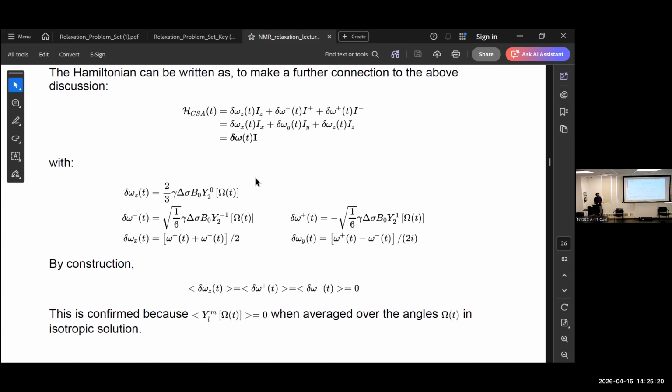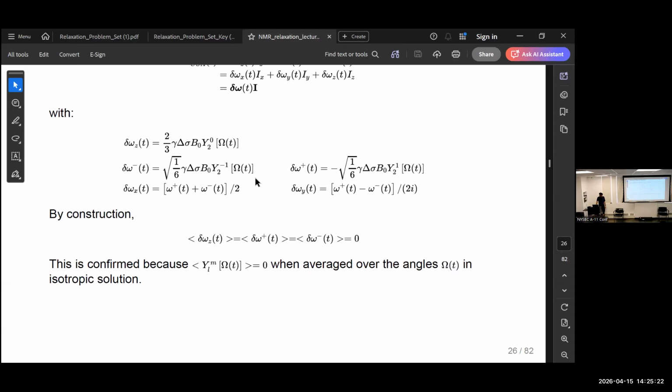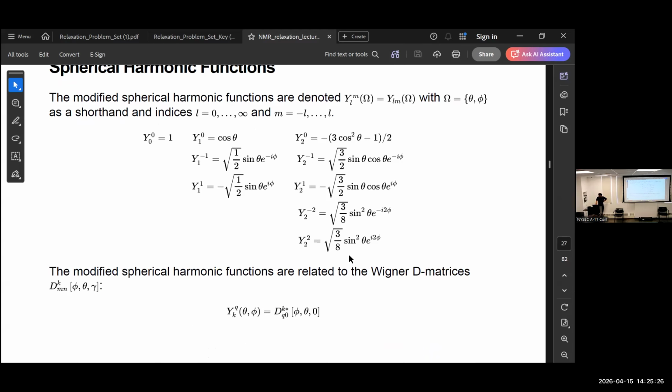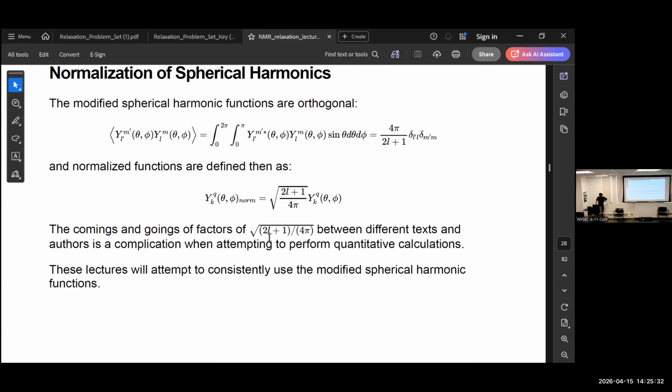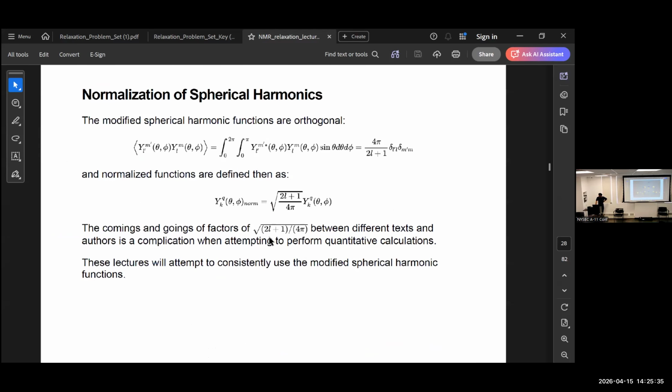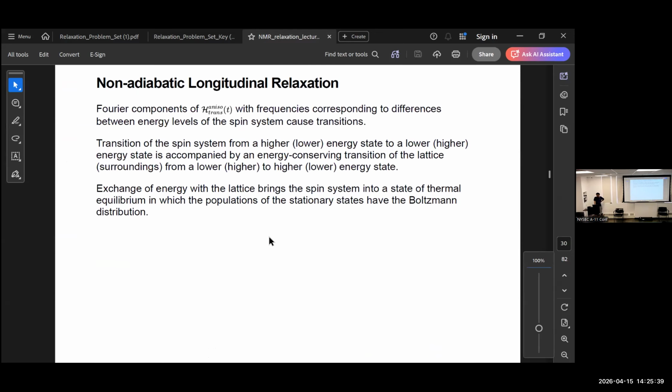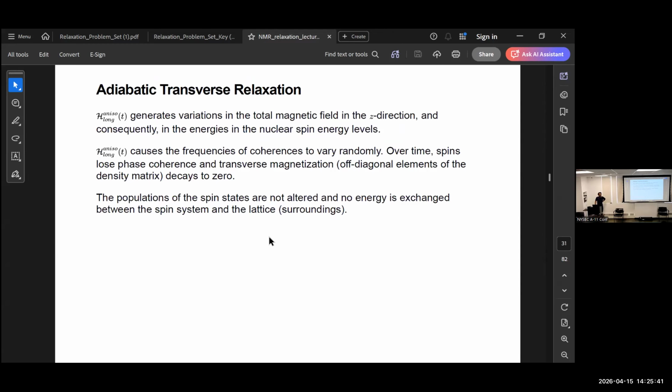Therefore, the isotropic average of the CSA is 0. But its variance is not. That is where relaxation arises from. This is just an expression for all the spherical harmonics and the mathematics. We're going to talk mainly about this for today's problem session, which is adiabatic transverse relaxation.